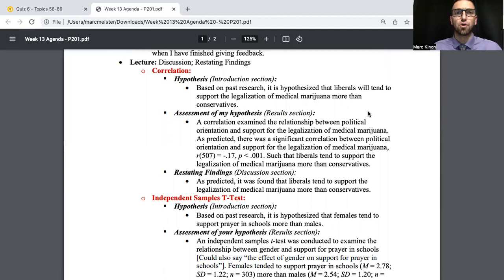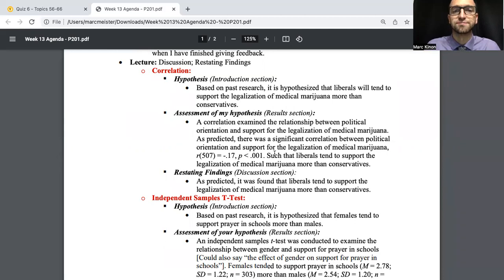It would say, a correlation examined the relationship between political orientation and support for the legalization of medical marijuana. As predicted, there was a significant correlation between political orientation and support for the legalization of medical marijuana. R with an N of 507 is negative 0.17, P is less than 0.05, such that liberals tend to support the legalization of medical marijuana more than conservatives.